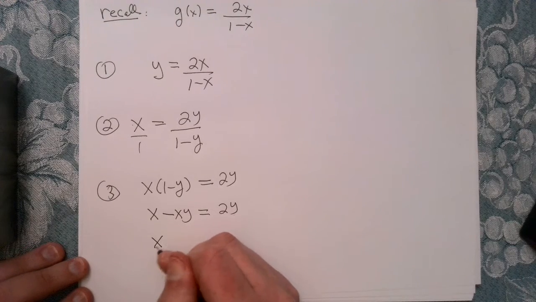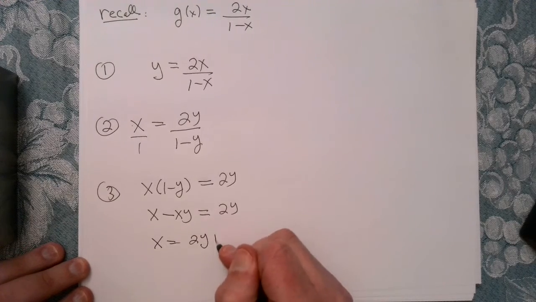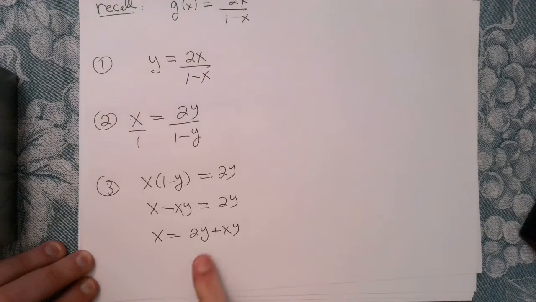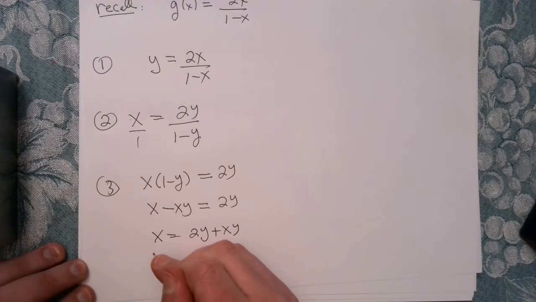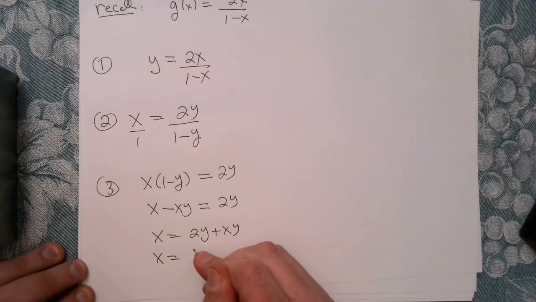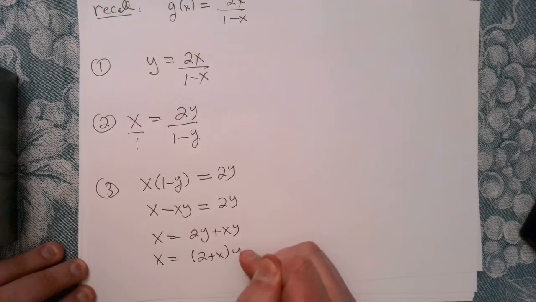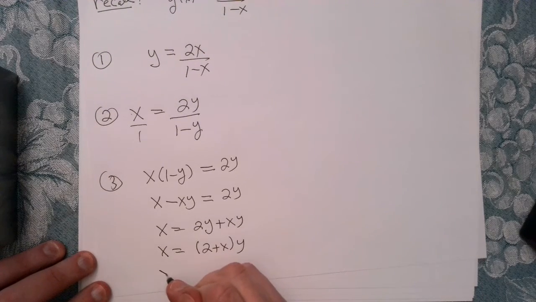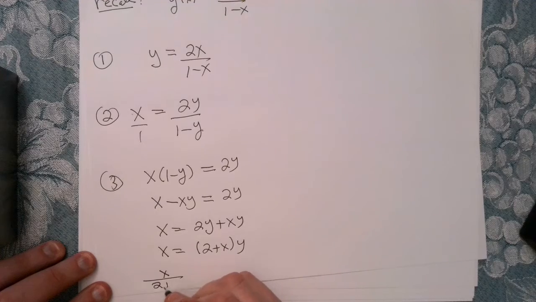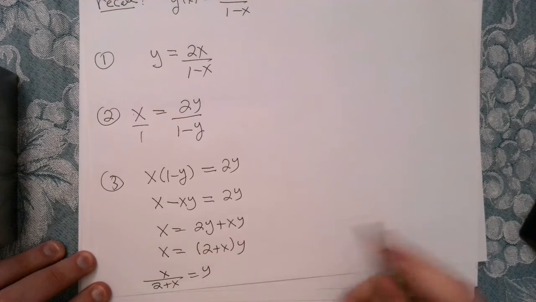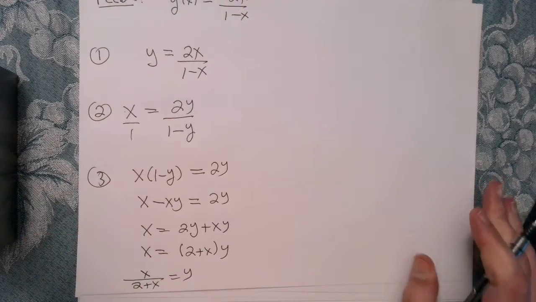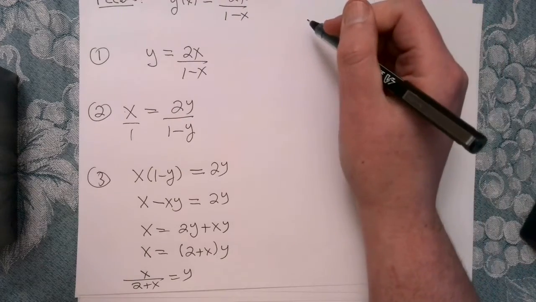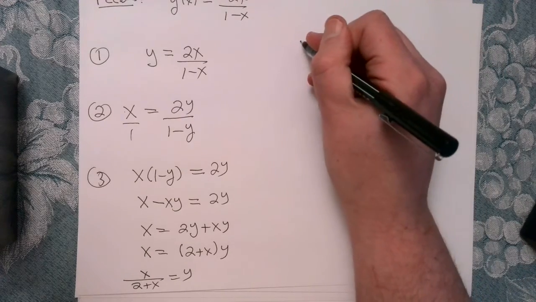And then I can solve just by factoring out a y. Don't forget you can do that. Factor out a y. And then divide. So that means that x over 2 plus x is equal to y. And that's what we want to claim is g inverse.